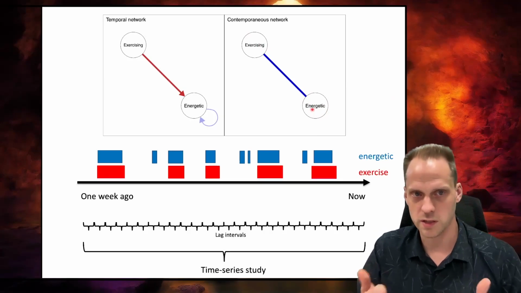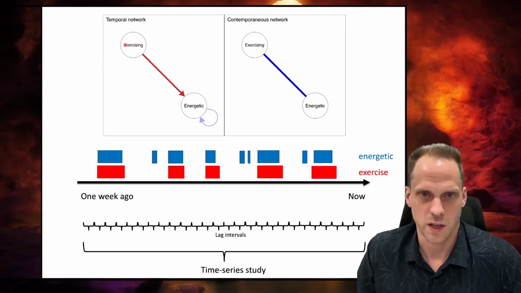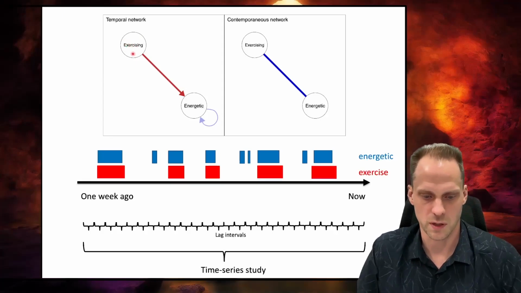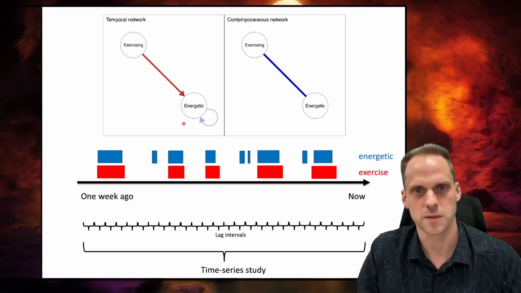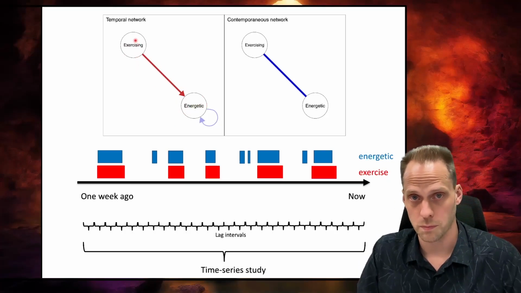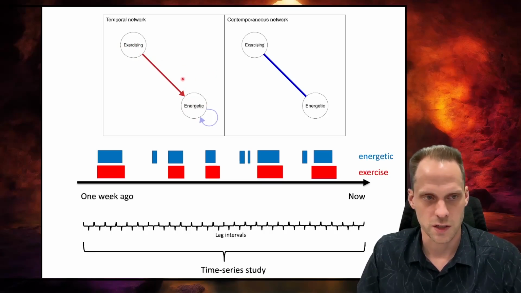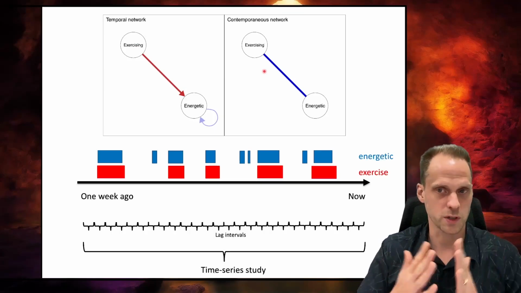Or maybe you get energetic from exercising. Right? But 3 hours after exercising, you might be really tired. You might be like, okay, I've been running around for 2 hours. Now I'm just crashing on the couch watching Netflix. But this might make a lot of sense. Not paradoxical. And it's interesting to also split the effects between these contemporaneous and temporal effects, because both might tell you a useful story.